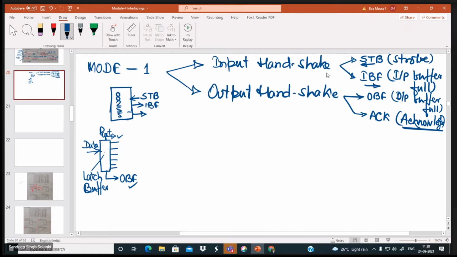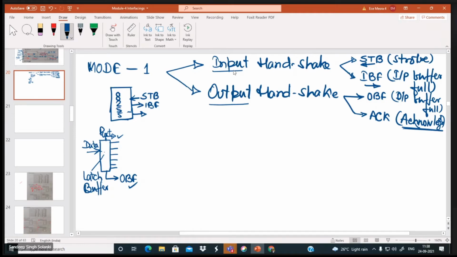Sorry. Okay, so what I am telling is that this input handshake and output handshake appear when you are configuring your 8255 in mode 1. And when you configure your 8255 in mode 1, then definitely you will be assigning your ports as input or output.